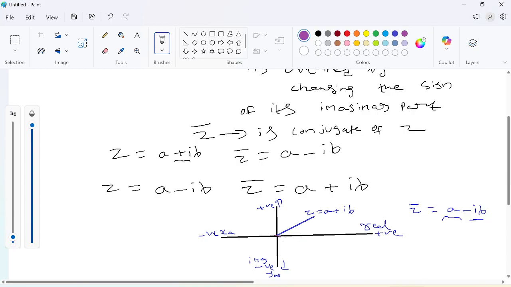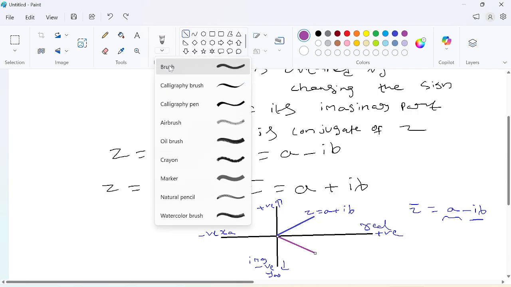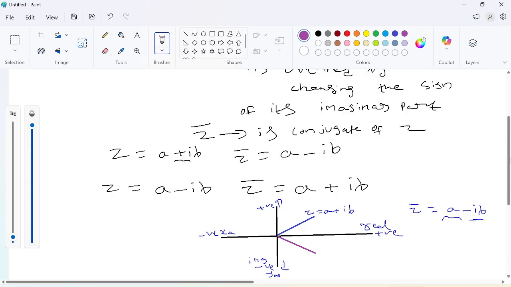So this will be your conjugate complex, z bar equal to a minus ib. Like that you can represent it. So if z equal to a plus ib, this is what it looks like.